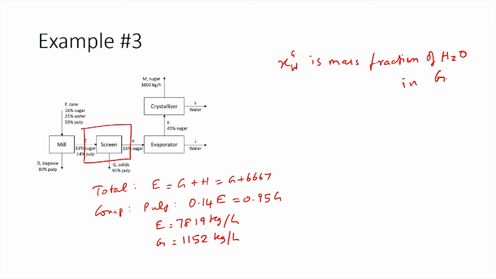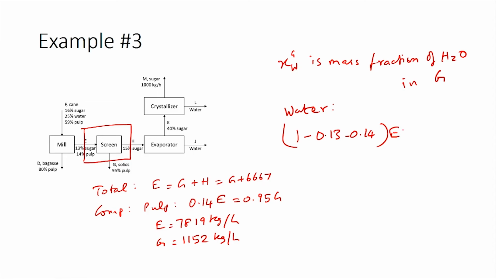So, assuming that, let us write a water balance equation. So, the water balance equation would be 1 minus 0.13 minus 0.14 times E. How did I get this?